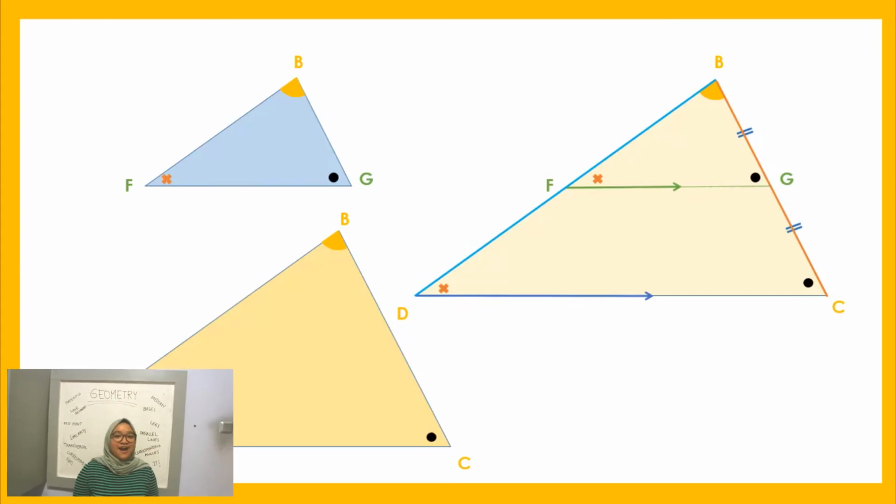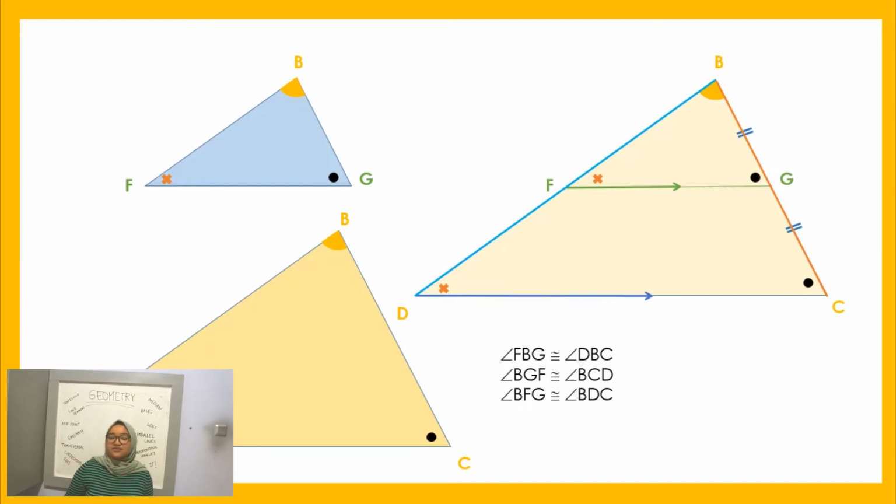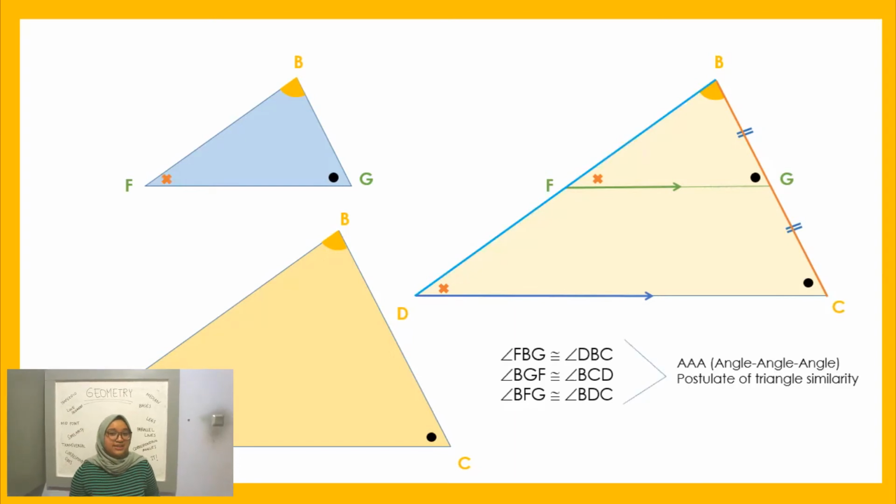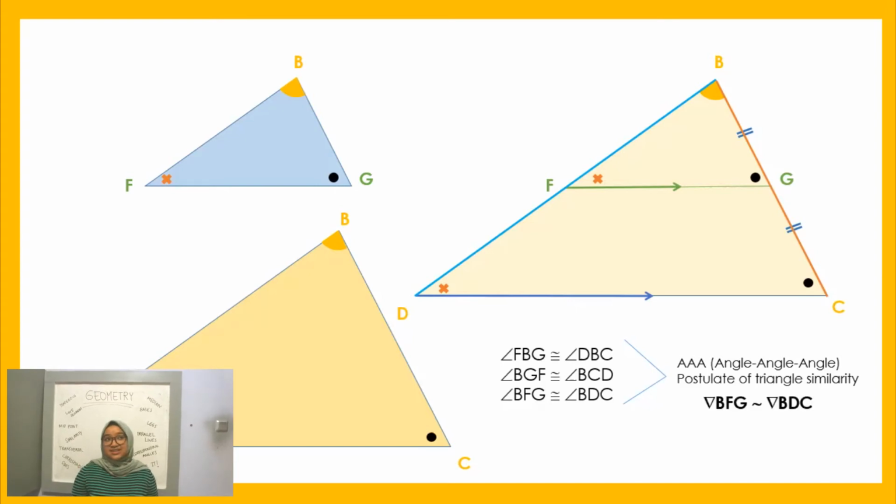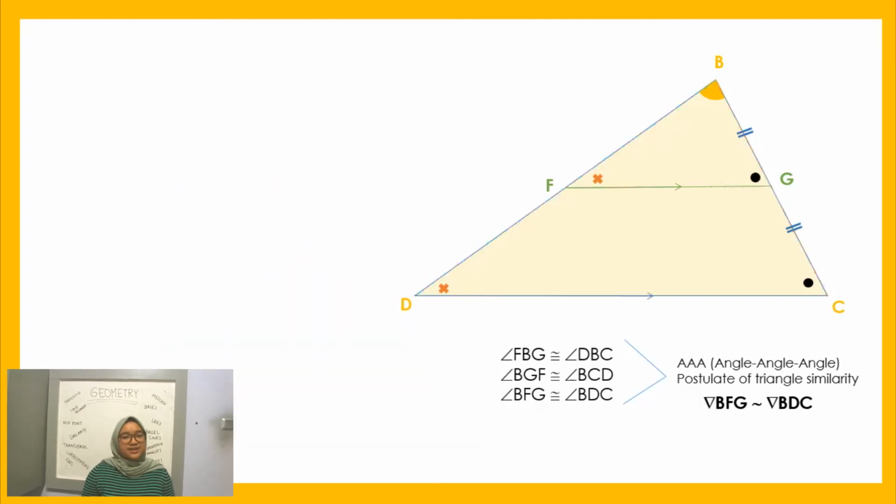So we already have three angles that are congruent to each other in triangle BGF and triangle BCD, right? What do we call this concept? It's the AAA postulate. So when the AAA postulate applies to these two triangles, we know that these two triangles are similar to each other. What do we say about similar triangles?